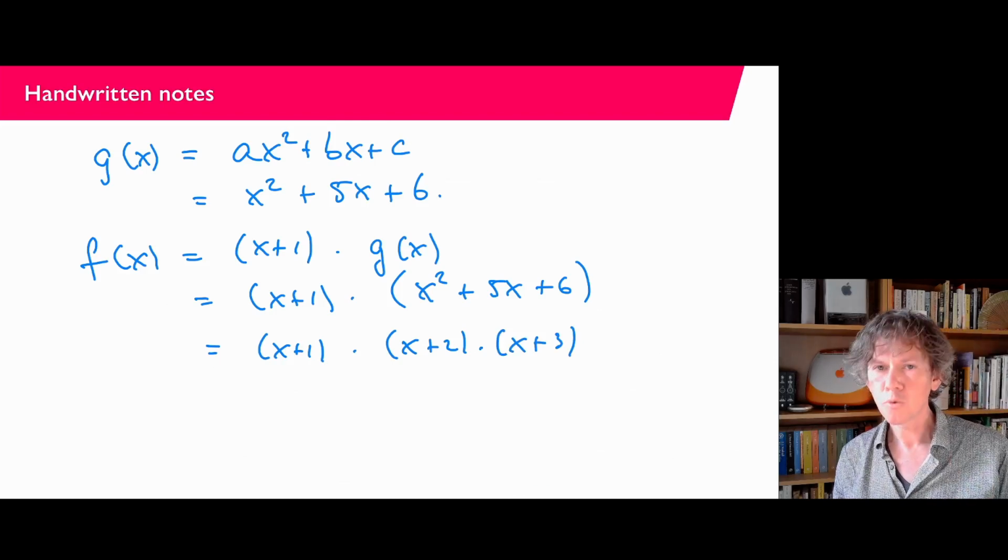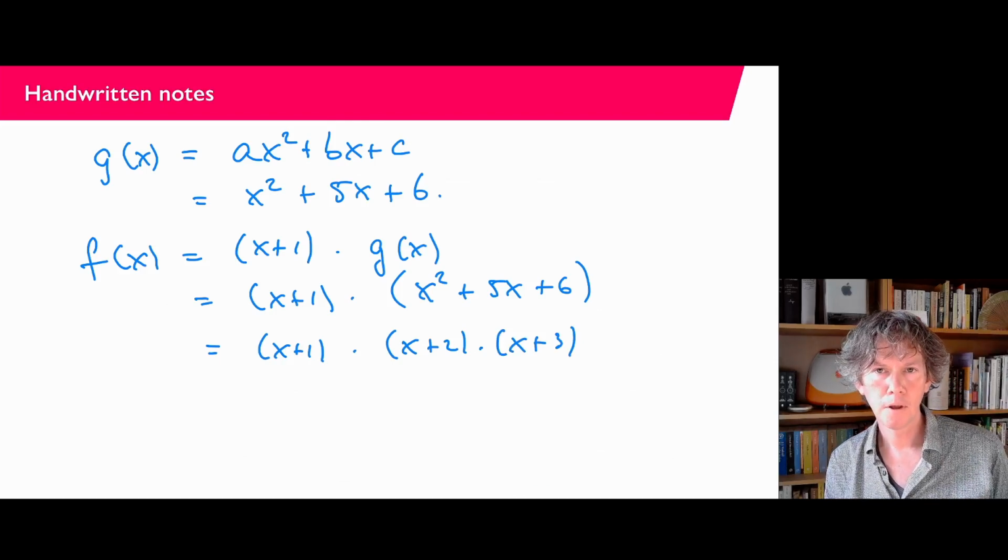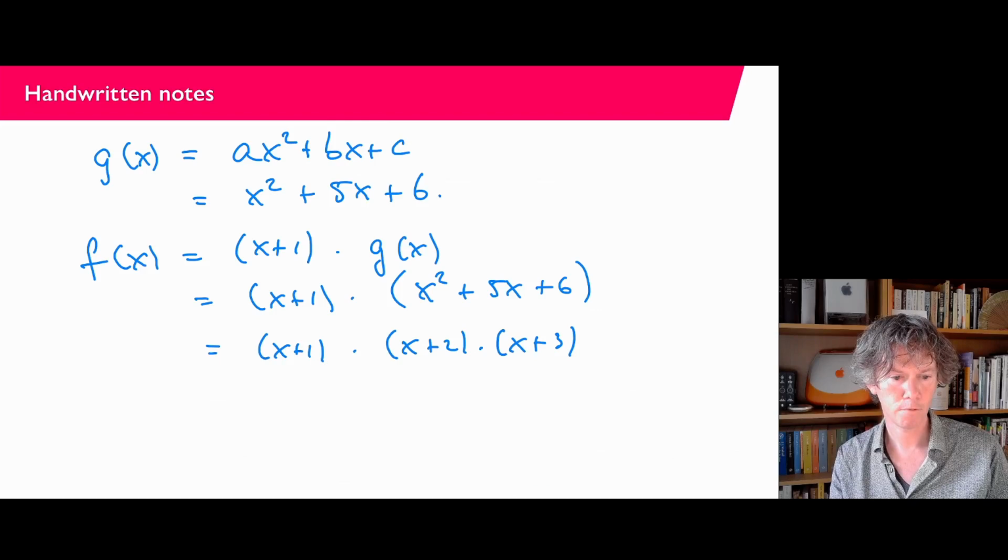So, much more involved, this example, but we have found now the factorization of the function, and we can immediately tell that our polynomial f is going to be 0 at -1, at -2, and at -3.